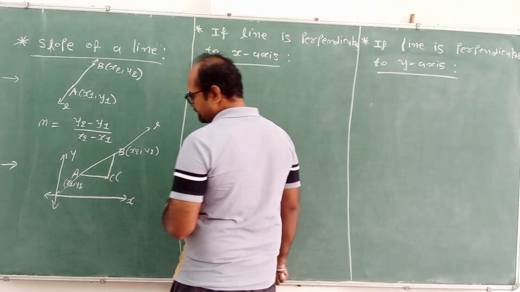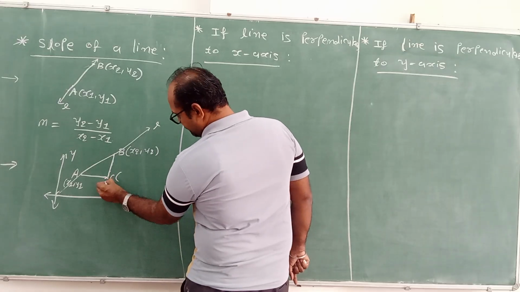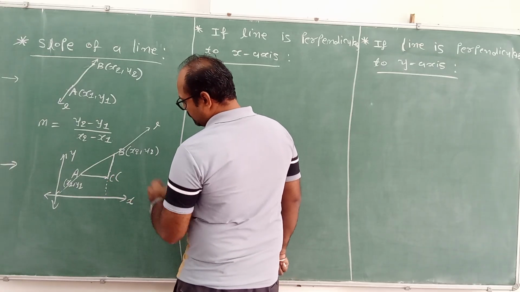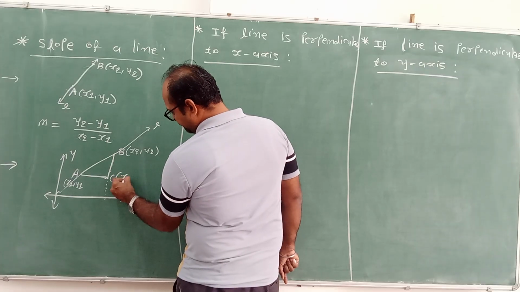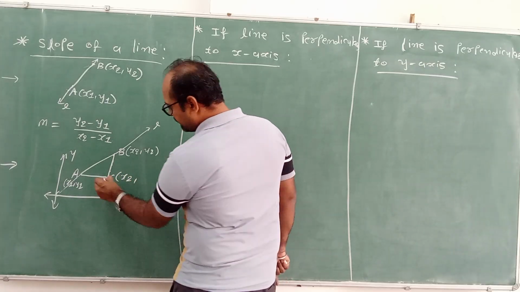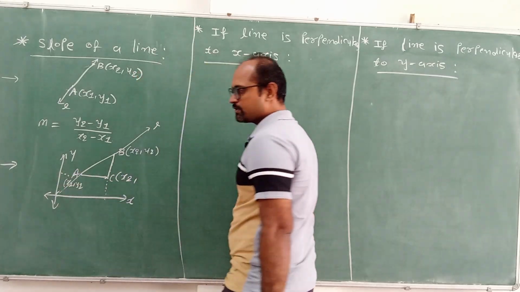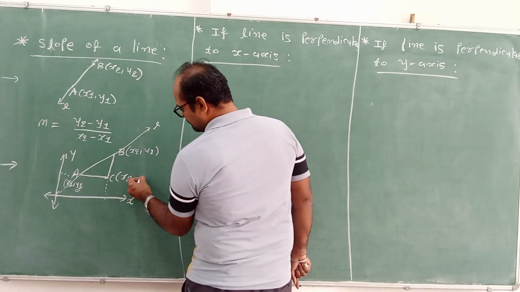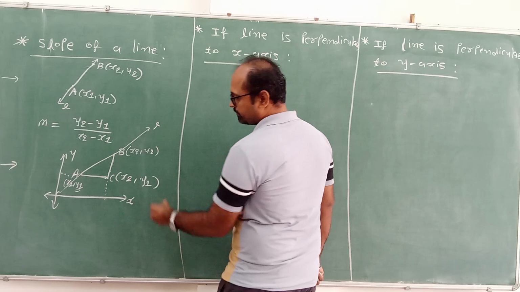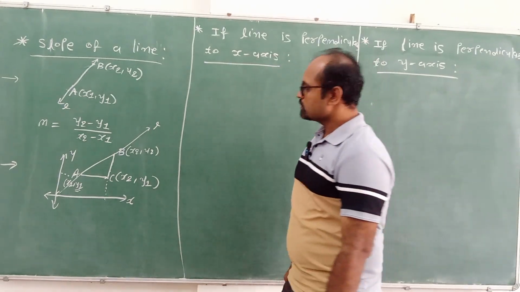We extend this line: the x component is the same as x2, and the y component is the same as y1. So the point is (x2, y1).